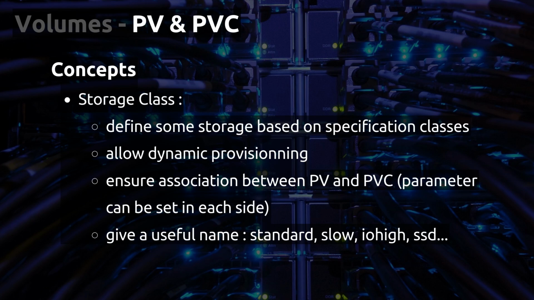And this is really useful when you have a cloud provider, for example, because the cloud provider doesn't provide the persistent volume, but provides a storage class. And through the storage class, you can create the persistent volume automatically. We will see that in the next video.